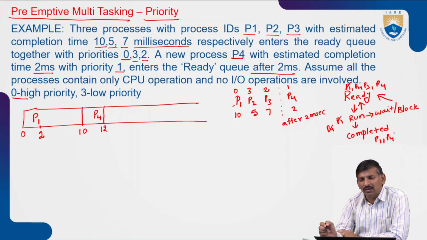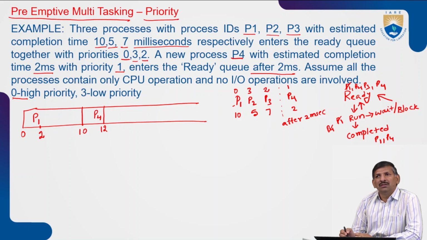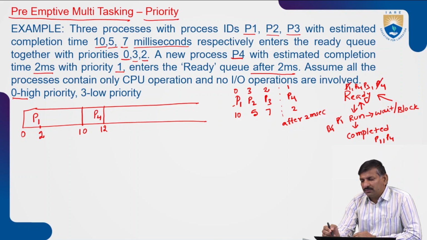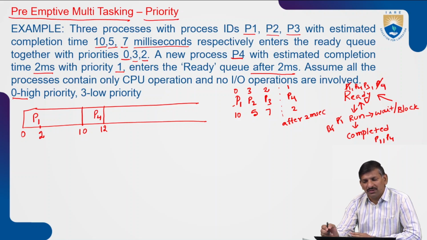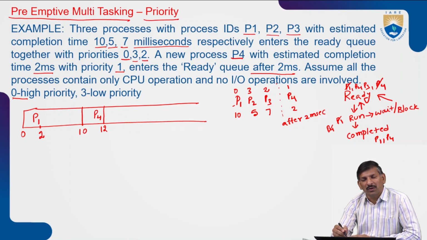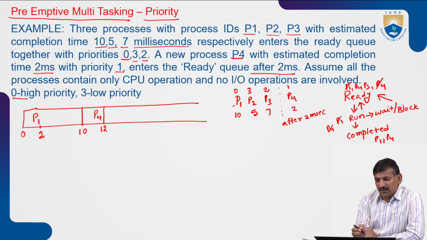P4 completed. Next, what are the processes available in the ready state? P2, P3. Among them, which one has the highest priority? P3 has the highest priority.